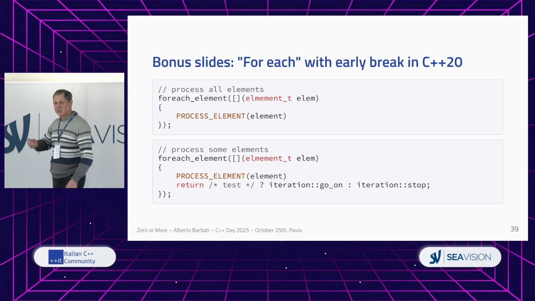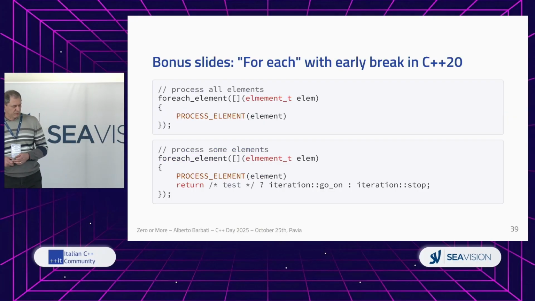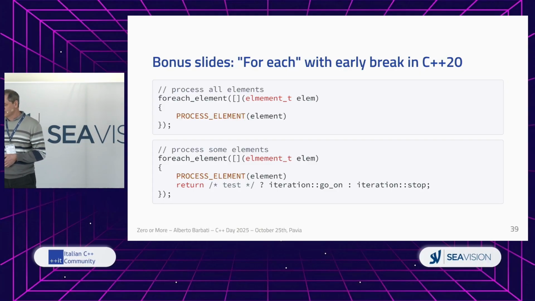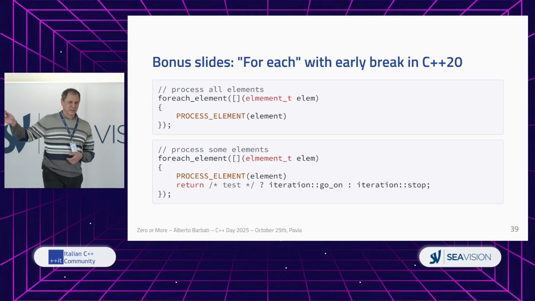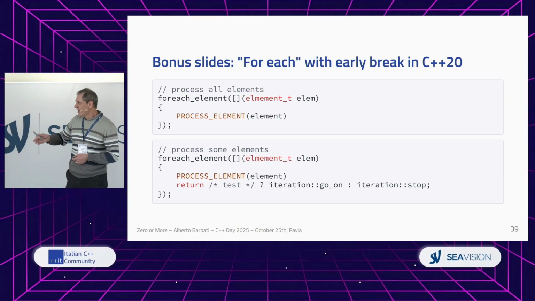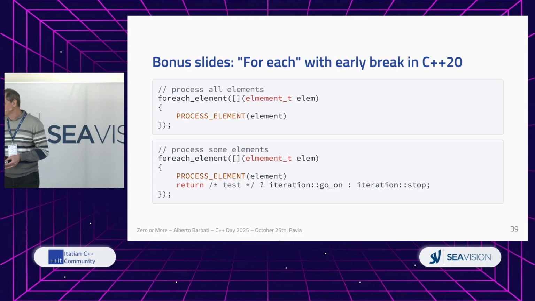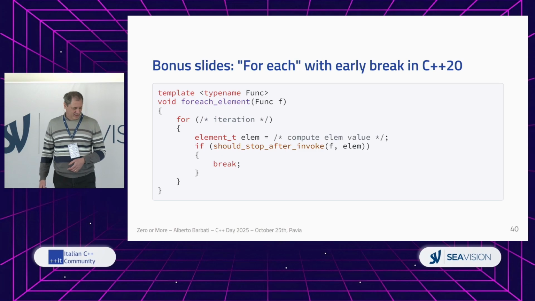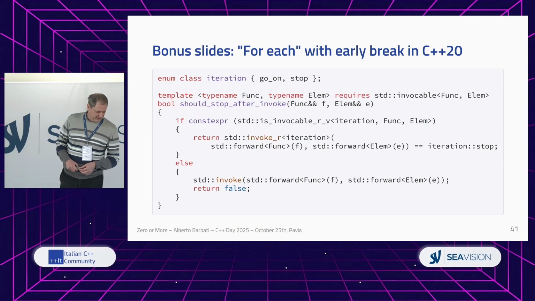And it's my own implementation of for_each with early break. Actually, the idea for this talk started with this, because there was a discussion on the Discord channel about the best way to break off the function, and this is my take. You can read it if you want.